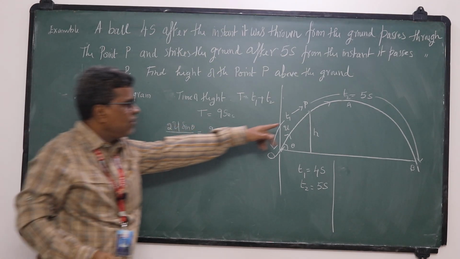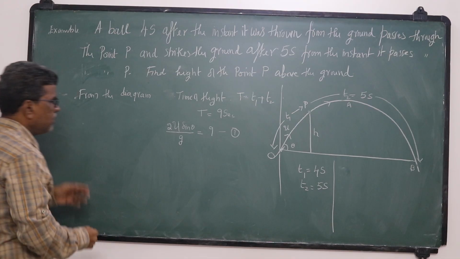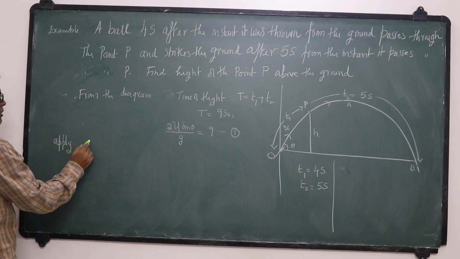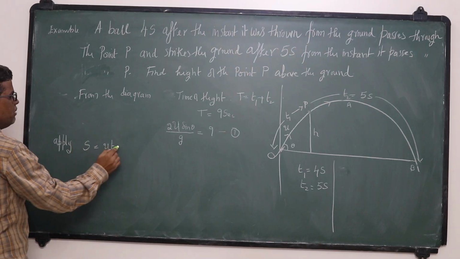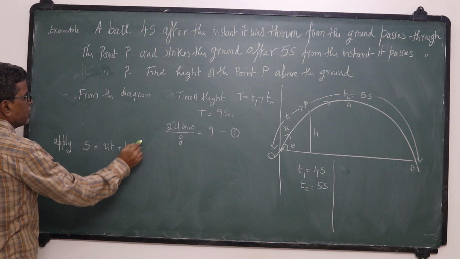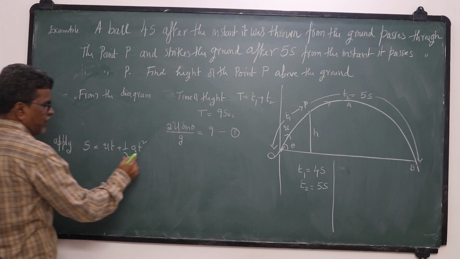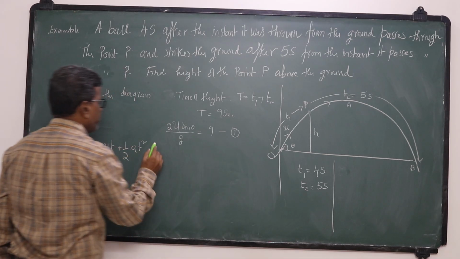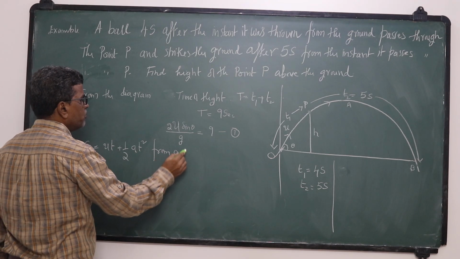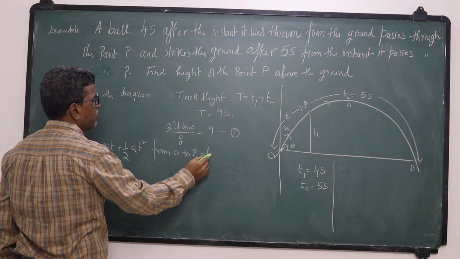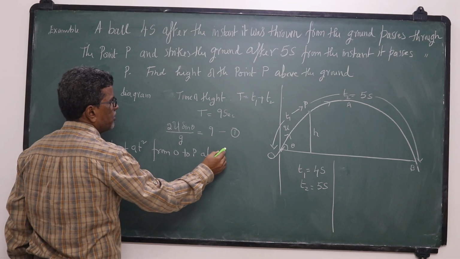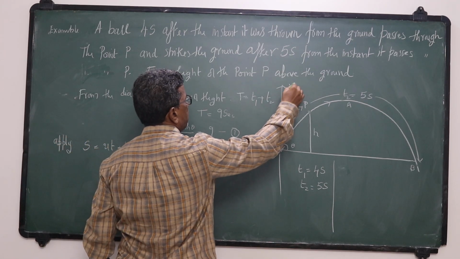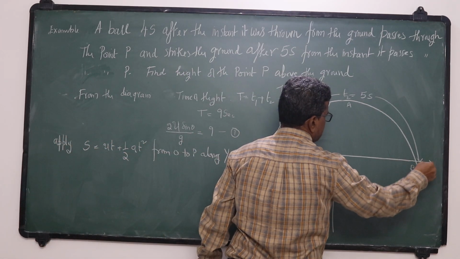I want h, the vertical displacement. So I apply s equals ut plus half at square from O to P, along the vertical direction, along the y-axis. This is the y-axis, I assume, and this one is the x-axis.